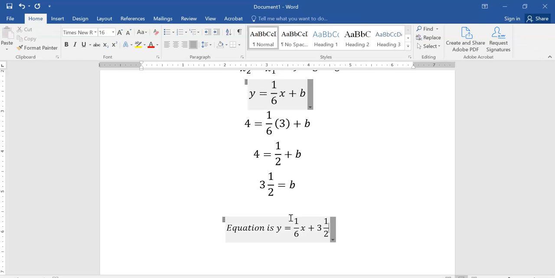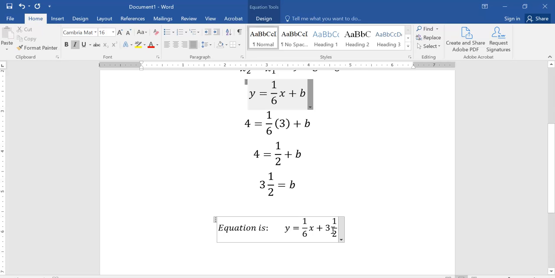If you use decimals for the 3.5, that's fine. If you use the improper fraction of 7/2, that'd be okay too. So there you go. Equation is that. By the way, it's really important that when you write your equation, you have the y equals, and then the slope times x plus whatever the b is. So that is the final answer.